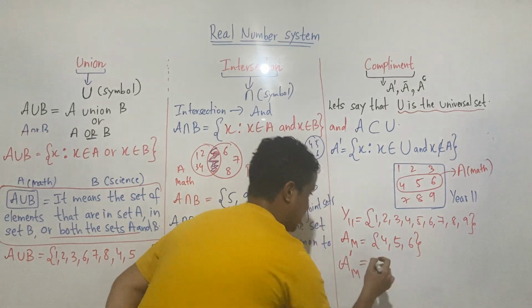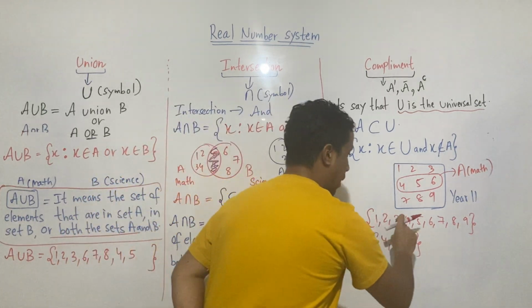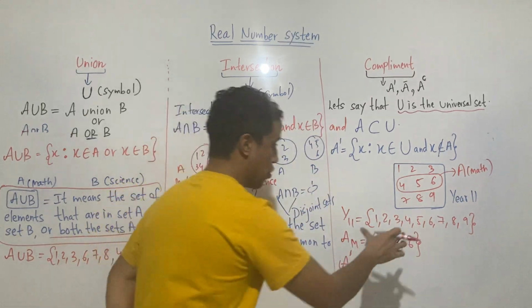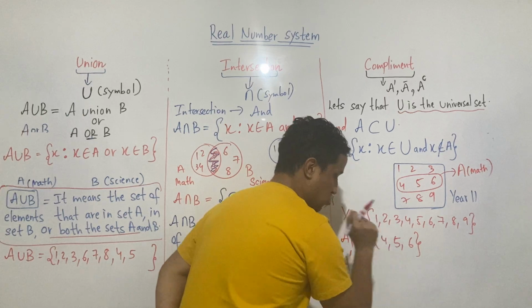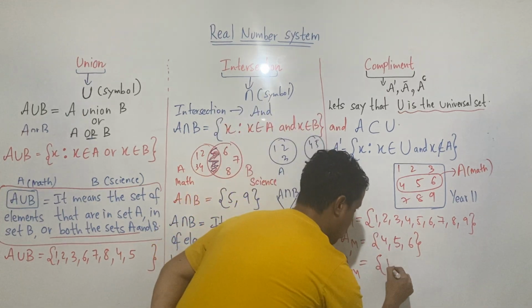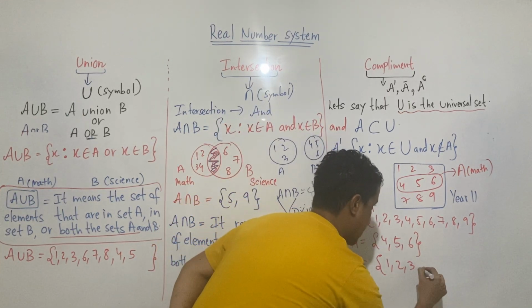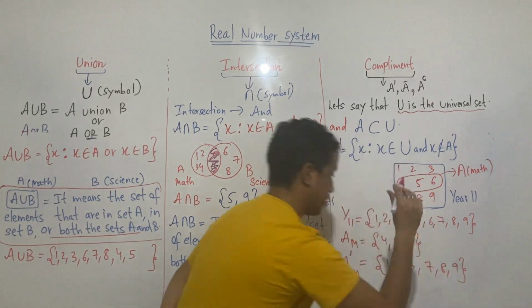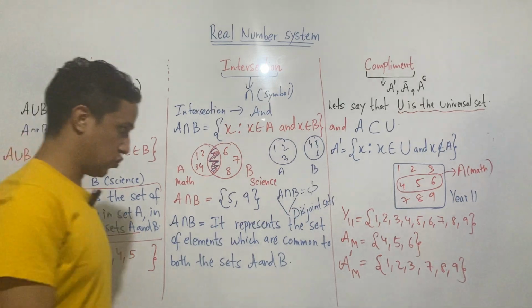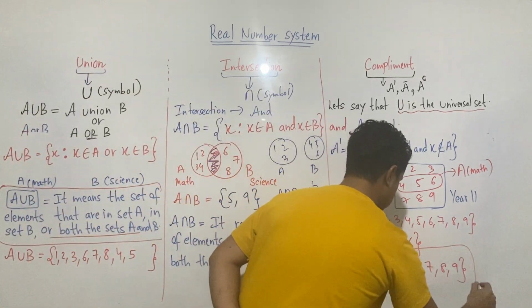If I have to find the complement of A, represented by A dash, it's going to be all the members of your universal set except the members of A. So it's going to be 1, 2, 3, and 7, 8, 9. Understand? So this is going to be the complement.